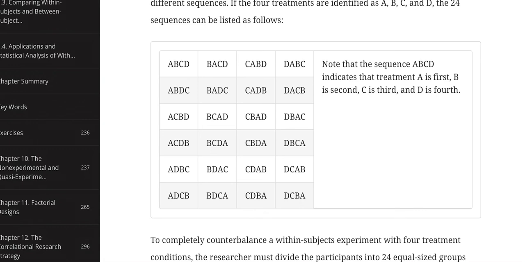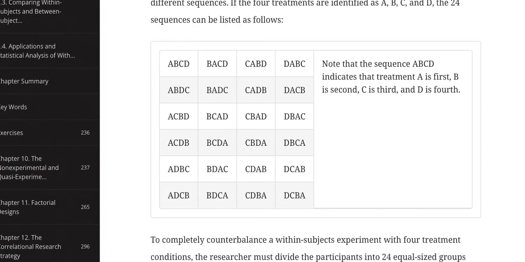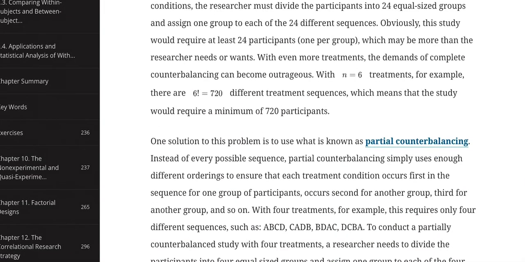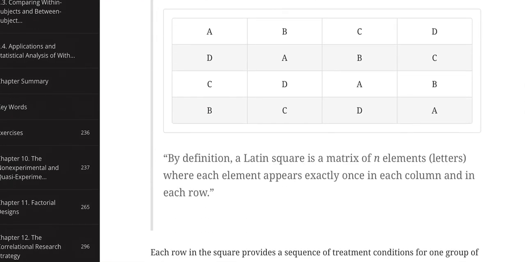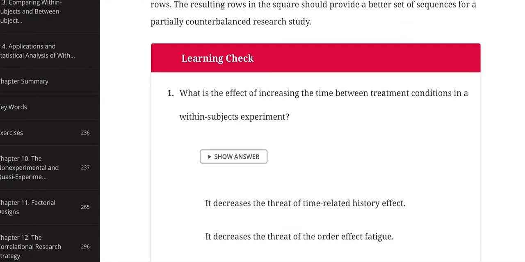You would literally have 24 different sequences of orders of those letters, right? And so using that Latin square that we talked about right here, we only have to do 4 groups here instead of 24. And so that's why that partial counterbalancing is often used instead. And that's the same chart we were just looking at.